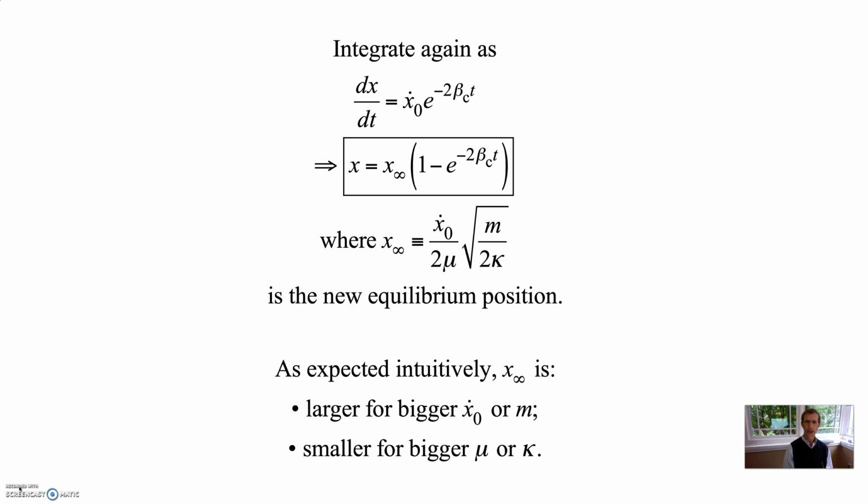And as we expect intuitively, that final equilibrium position is larger if we started with a bigger initial velocity, or if we had a bigger mass, meaning more inertia, so that it goes out to a further position. On the other hand, if we have a larger frictional coefficient, then it'll stop at a shorter distance. Or if the spring constant is larger, that will also prevent it from going out to a further distance. So this expression for the new equilibrium position is exactly in the form we might expect.